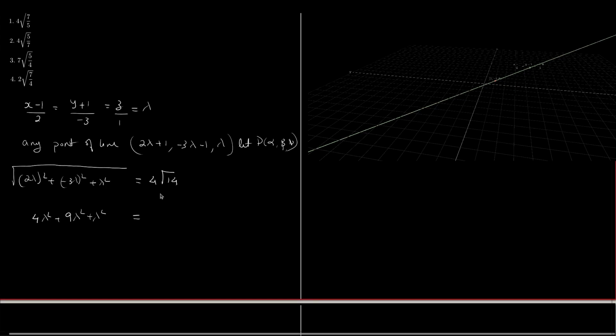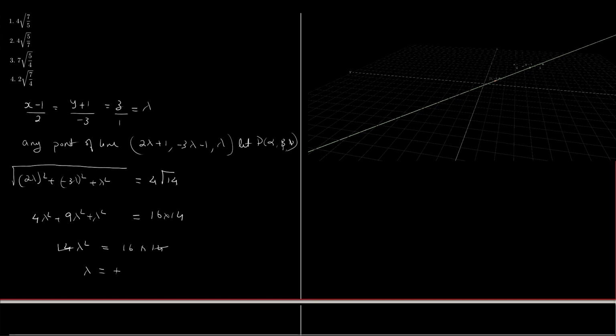Squaring on both sides, we can write 4 into 14, it is 16 into 14. Here it is 14 lambda square is equal to 16 into 14. 14 and 14 can be cancelled. Lambda square is 16, so lambda will be plus or minus 4.